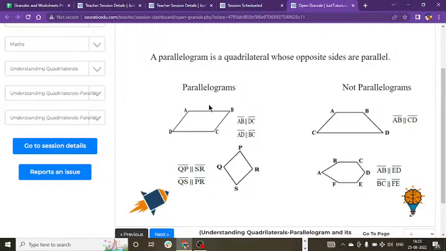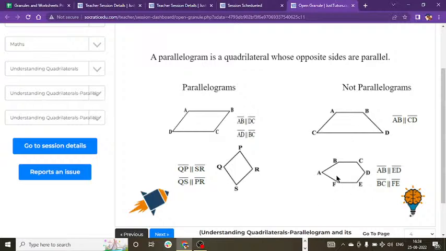But when it comes to a parallelogram, when these two lines are equal, they will be equal in length also. Suppose here it is 6 centimeters, this will also be 6 centimeters, so they are parallel and equal to each other. But this is not called a parallelogram because the lengths of the parallel sides are different. AB is parallel to CD, but the length is not equal.